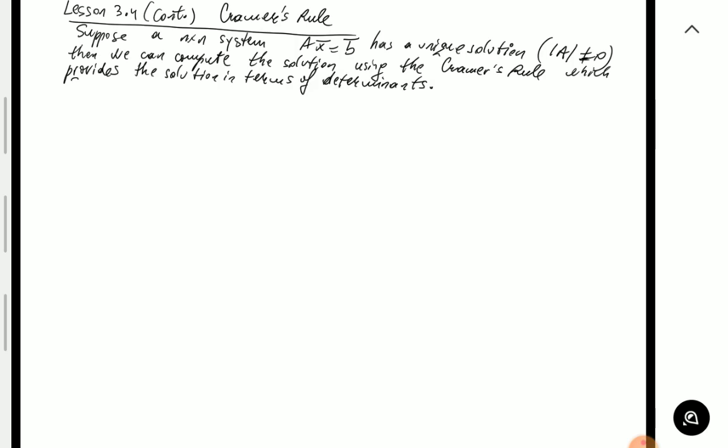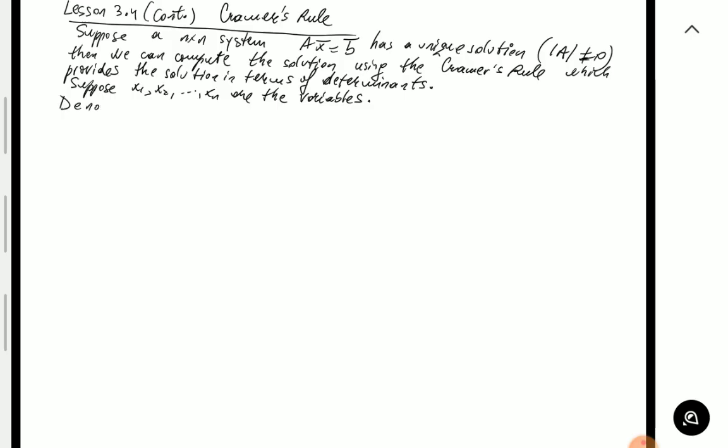So suppose x1, x2, xn are the variables, right? The unknowns of the system. And then we have a couple of notations.